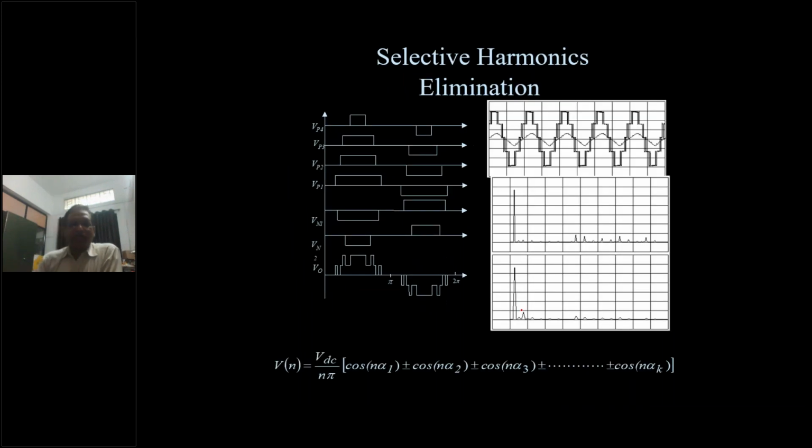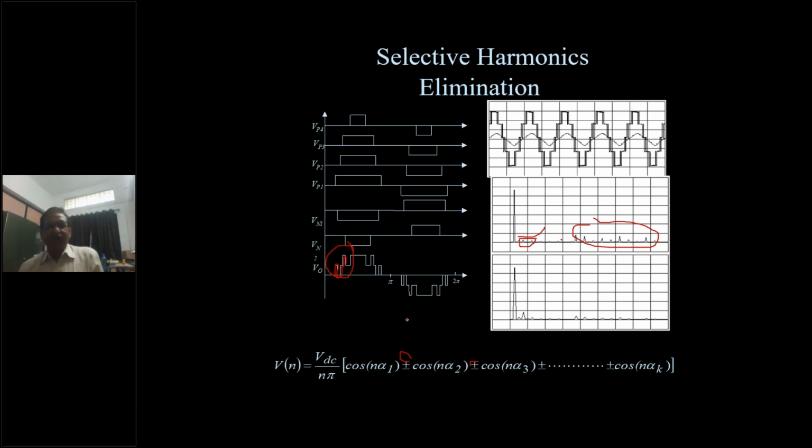If you want to eliminate more harmonics, so what to do? Alpha 1 is positive, alpha 2 is negative, alpha 3 is positive, alpha 4 is positive, alpha 5 is negative. So here, according to that, you generate the voltage. And if you see here, 1, 2, 3, 4, 5, 6 harmonics we can eliminate. So here you can see almost 6 harmonics eliminated. Other harmonics are there, so you will see lower order harmonics are there.